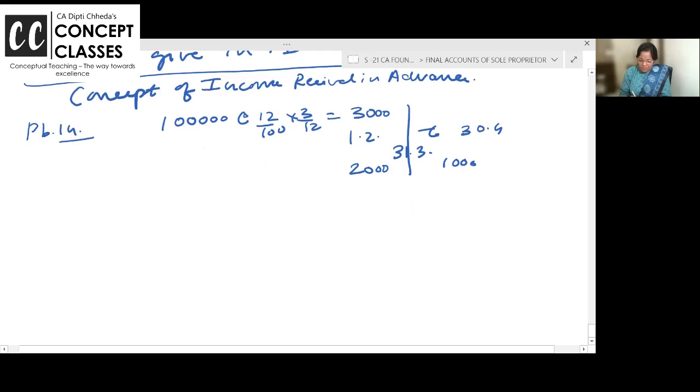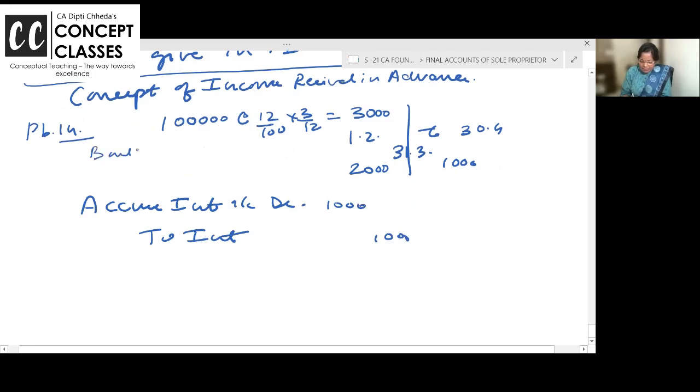Now, what is the adjustment entry you will pass? Accrued interest account debit to interest 1,000. You can write the first entry, not asked in exam, but लिख सकते हैं. First, bank to interest. You have already received 3,000 rupees interest upfront.